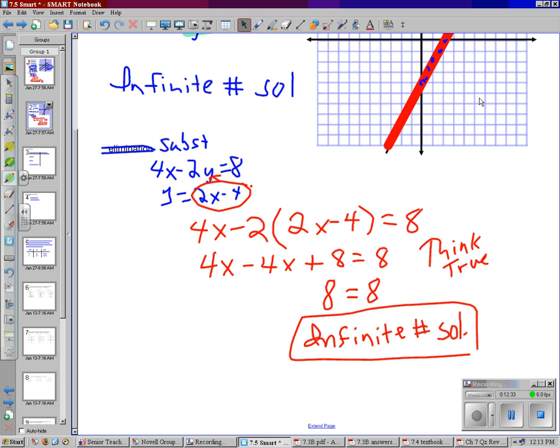So I'm not saying that you can choose which one to do, because on my test, I'm going to tell you most of the time, I need you to graph here. I need you to do linear systems or linear combination here, substitution here. But if I give you a choice, then you'll probably choose one of the two algebraic methods. I don't know too many people who choose to do the graphing method. Okay. So you need to know both.